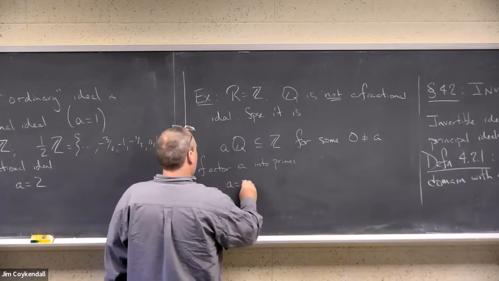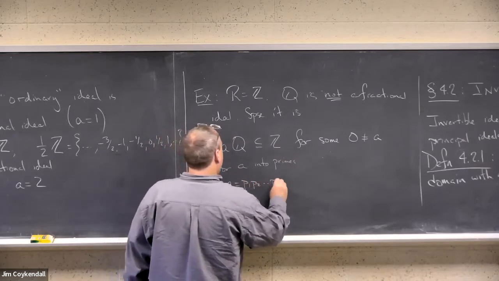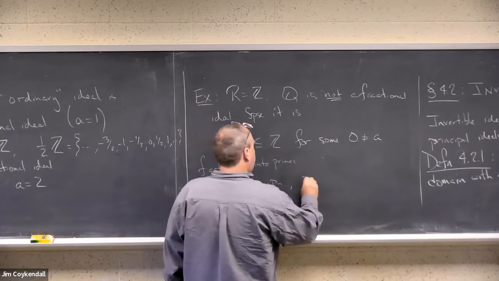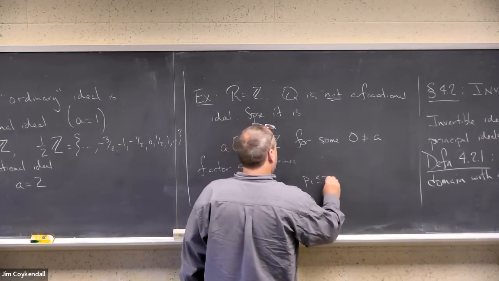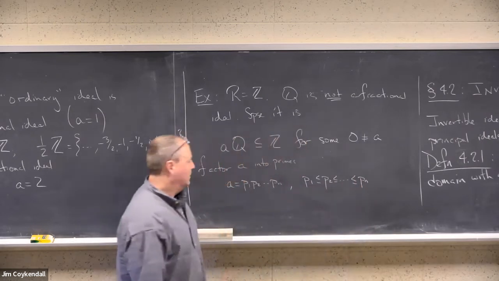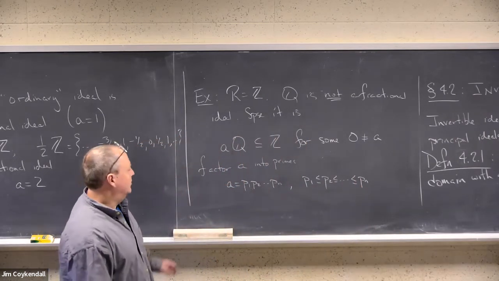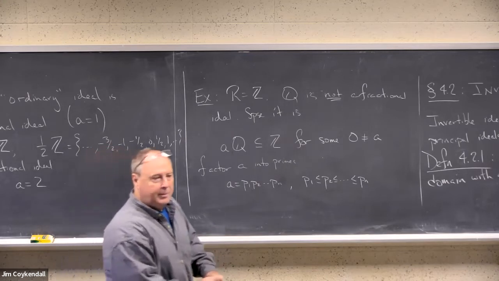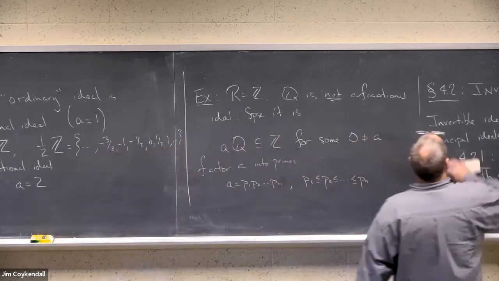A equals P1 to the E1 through Pn to the En. Factor this into positive primes here, and these primes need not be distinct. However, there is the biggest one.